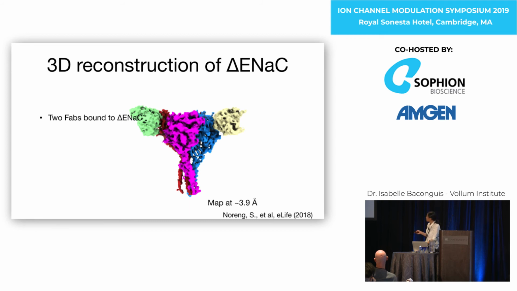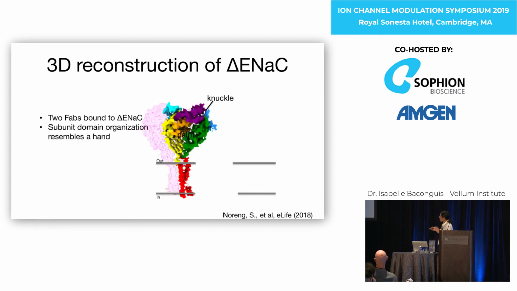And what you see here is that when you're looking down the channel down the threefold, the subunits are arranged in a counterclockwise manner. That's viewing from the extracellular side and looking down. You've got the alpha, beta, gamma, and you've got these unique features that are not found in ASIC.